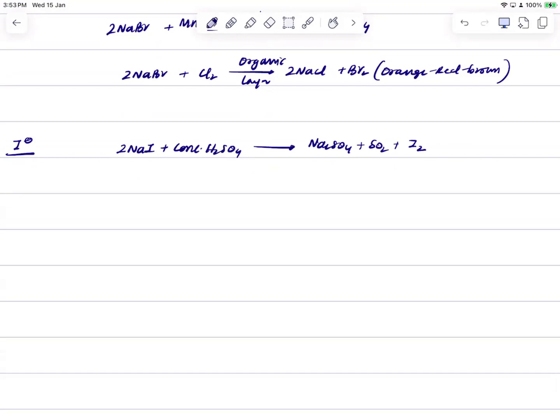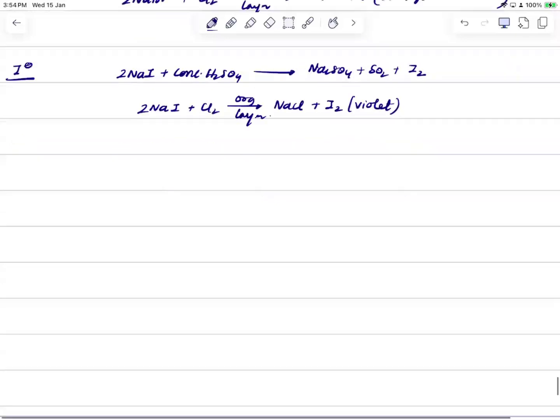Along with that, we can have the reaction with MnO2, same reaction, and then the layer test. 2NaI plus Cl2 gives NaCl plus I2. This is typically violet coloration in the organic layer. This is the formation for iodide.